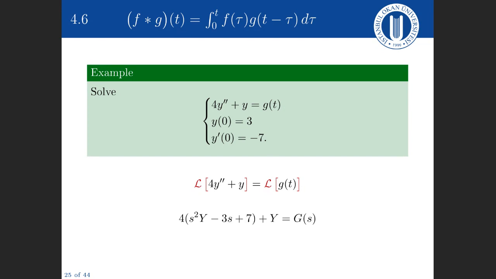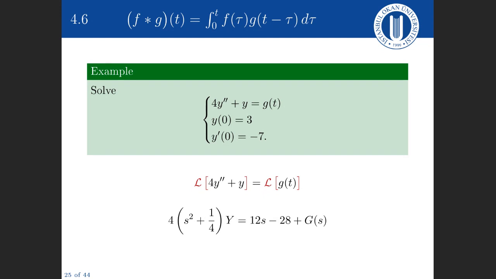Let's put these in. Let's solve for capital Y. Let's move all of this over to the right side. And then we're going to divide by 4s squared plus 1.